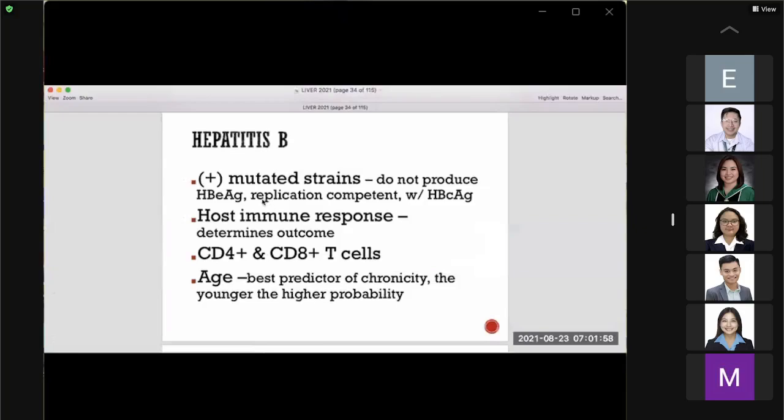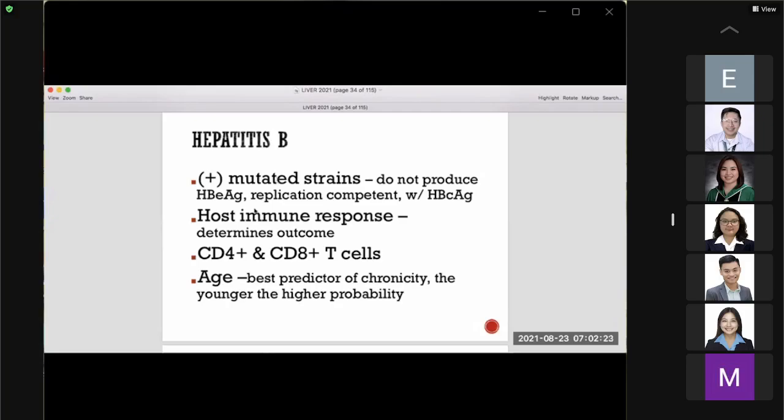However, they are still competent to replicate, and they have HBc antigen. So you might get a serologic profile that is positive, but you don't have demonstration of HBe antigen. Think that these are cases of the mutant strains.